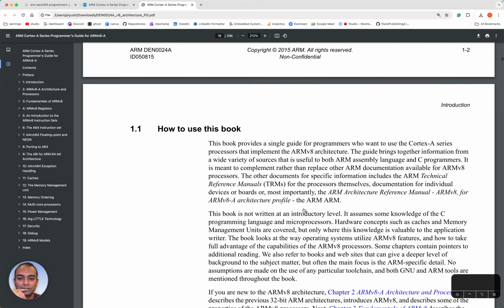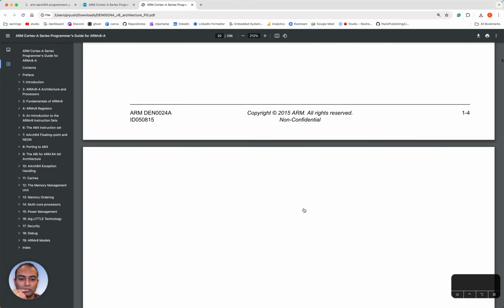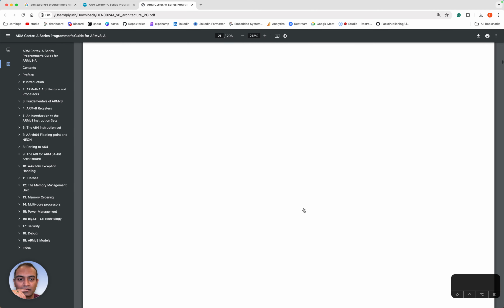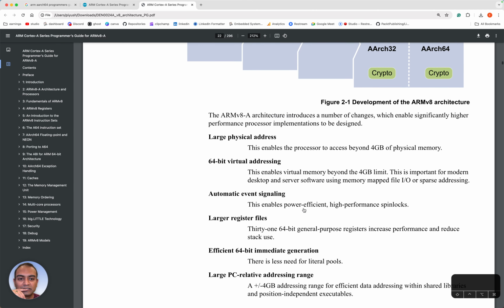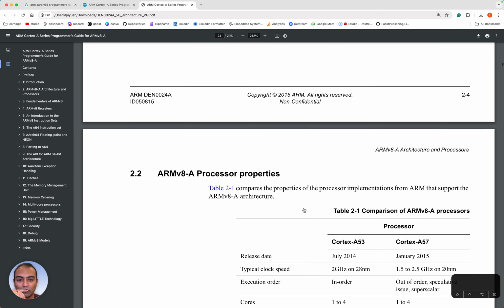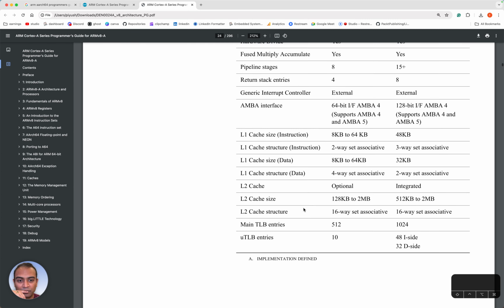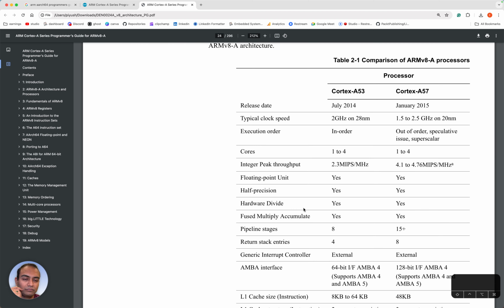All right. So one thing that I wanted to talk about is to revisit the discussion on architecture and microarchitecture. If you notice here, they're talking about two processors. One is the A53 and the other the A57.